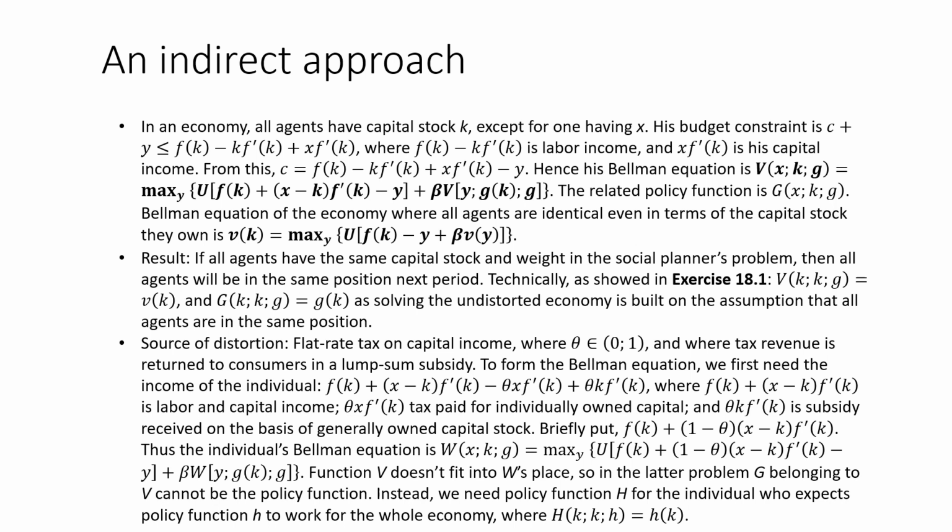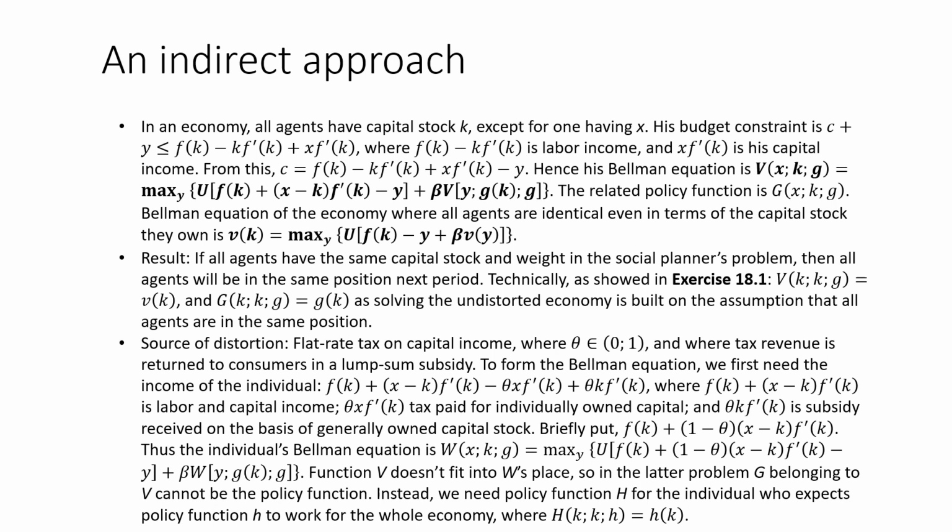Again, just like previously, we should write the Bellman equation, but first we need to identify the income of the individual, which can be described with this equation, where we can identify labor and capital income, we can identify the tax paid by the individual on the basis of the capital stock he owns, and we can identify the subsidy he receives on the basis of the generally owned capital stock.